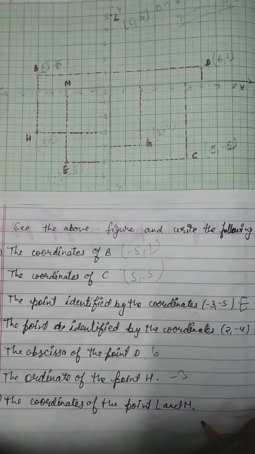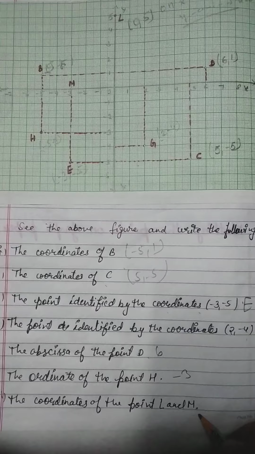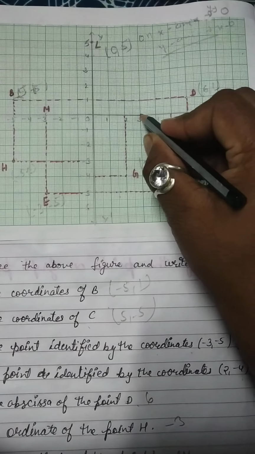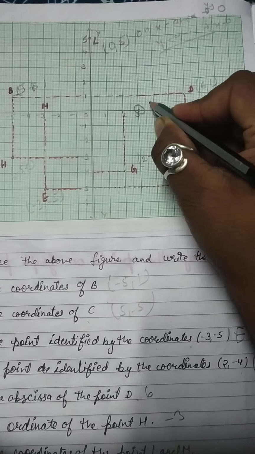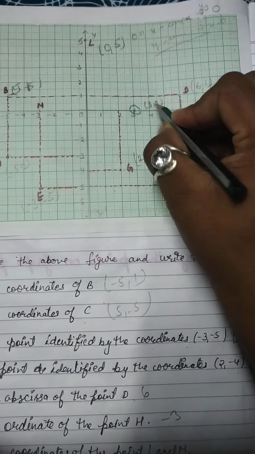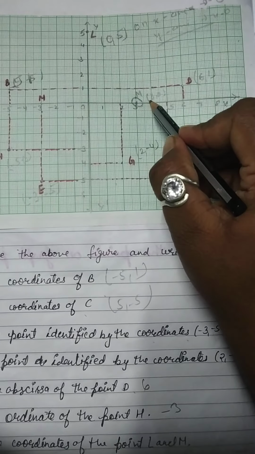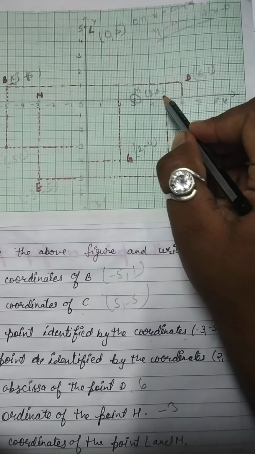Now the coordinates of the points L, M, N: M is (3, 0). So L is equal to (0, 5) and M is equal to (3, 0).